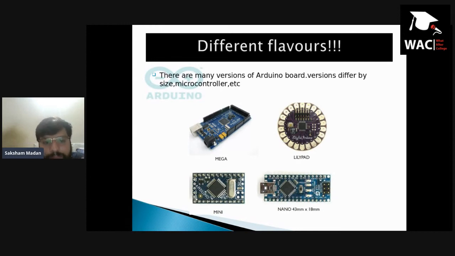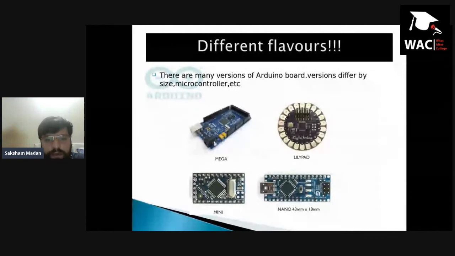So what is the basic difference between them? The basic difference between any Arduino is the type of microcontroller it has. For example, Arduino Mega has an Atmega 2560, and Lilypad has an Atmel 328P, and so on.